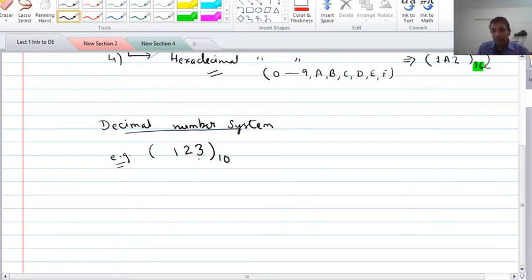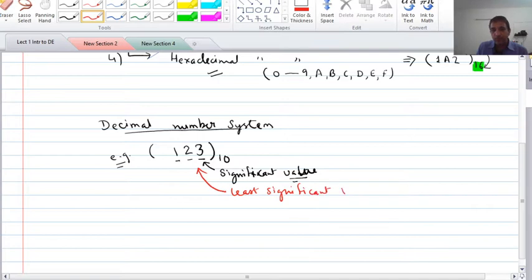Here each digit has some significant value. In this case, this position has the least significant value and this position has the most significant value.